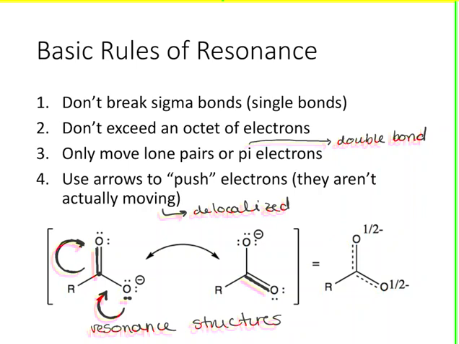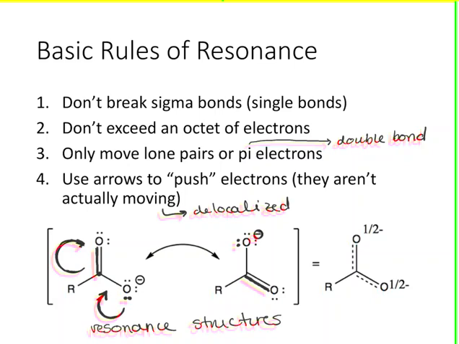Then we also moved pi electrons up onto the oxygen on the top, and that made it a negatively charged oxygen. And you can calculate the formal charge for each oxygen just to verify that those are the correct formal charges. But now that negative charge is shared between two oxygens, and that makes the molecule more stable.